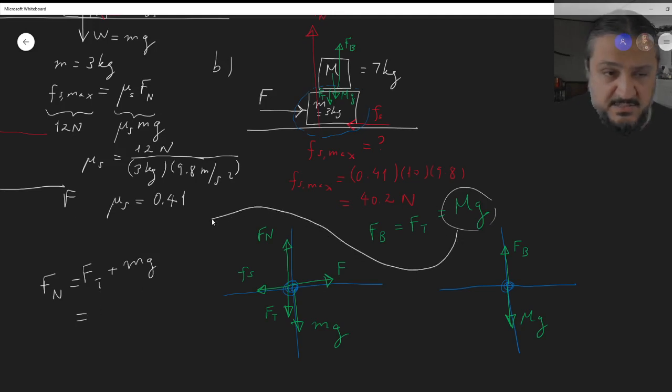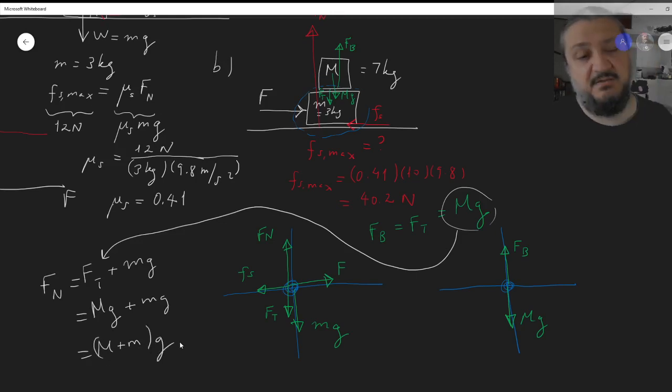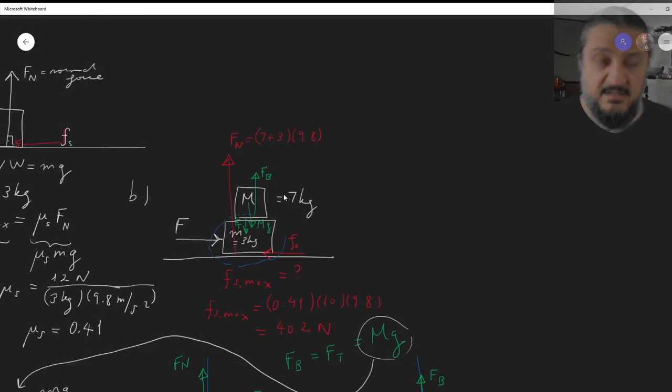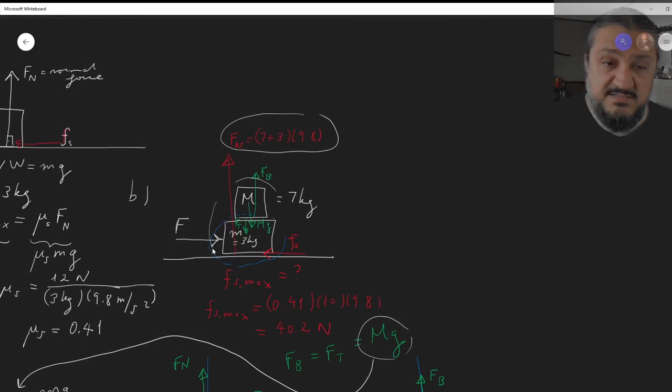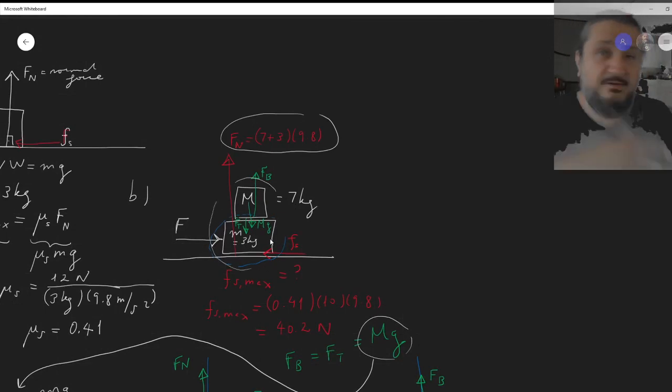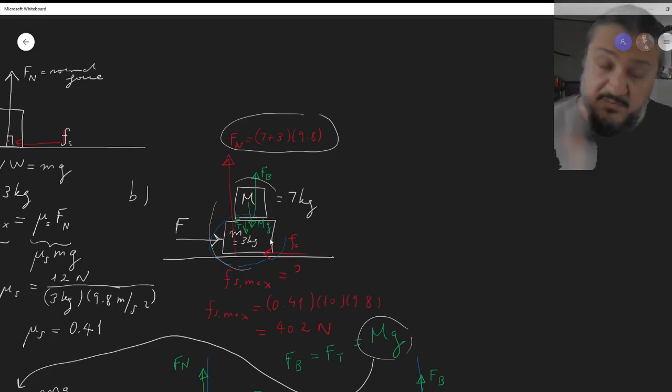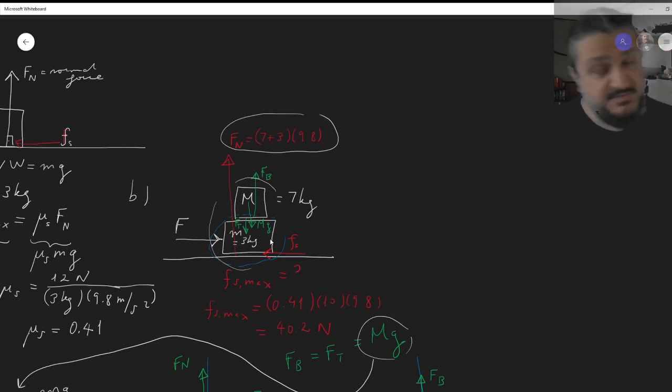So this is going to be plugged in here, Mg plus mg, and you get M plus m times g. Okay, so that's where it comes from. If you want to do it like that, no problem. Or if you just want to skip all that stuff and write this, and that's because now you're thinking of the two masses as a single system, as if they were glued, okay? Which is not a bad approximation for this part of the problem. If this was in motion, that's a different story. Okay, then you have to include horizontal forces.